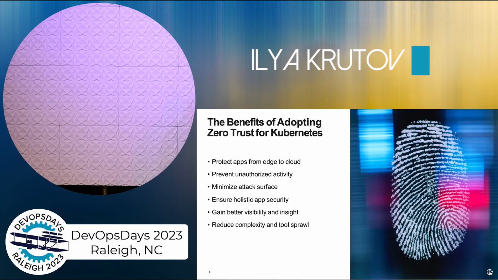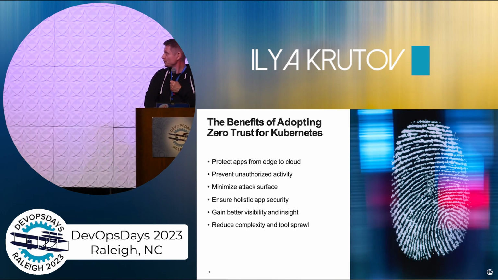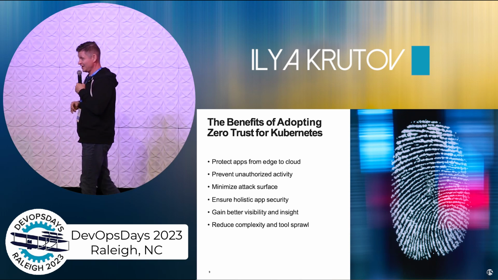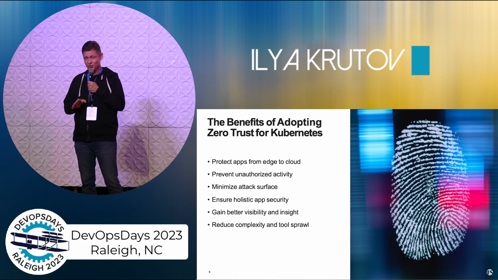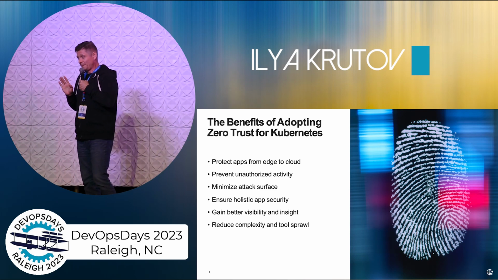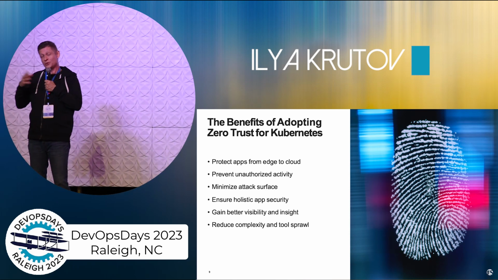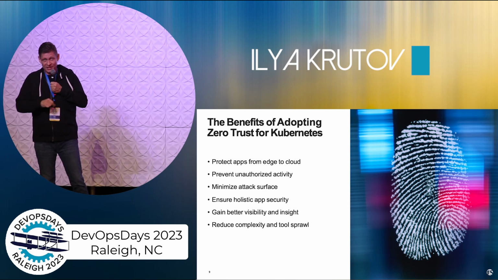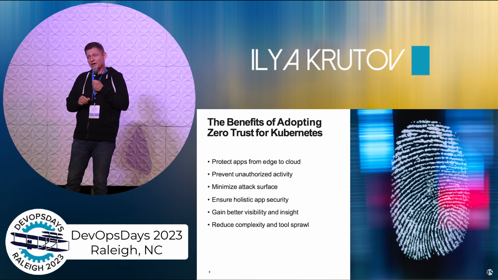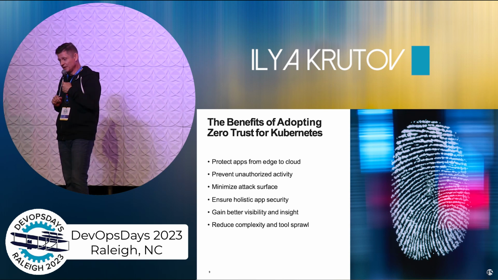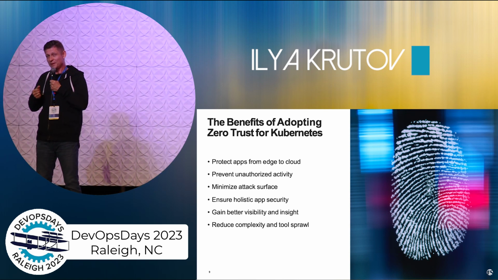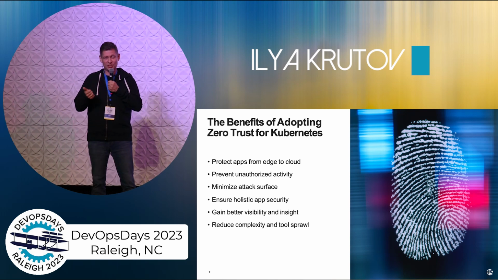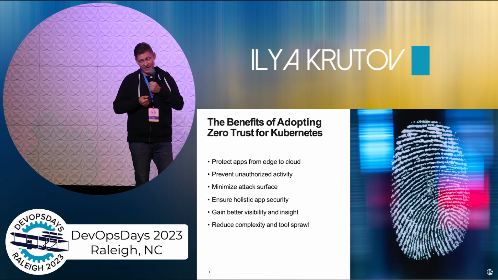At the end, implementing Zero Trust for Kubernetes is not a tough task if you do it using this approach that I just outlined, at a very high level. Protect an application from edge to cloud with stringent security controls, preventing unauthorized activity by blocking all communications that are not properly authenticated and authorized.